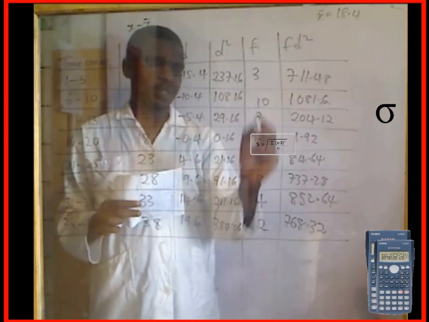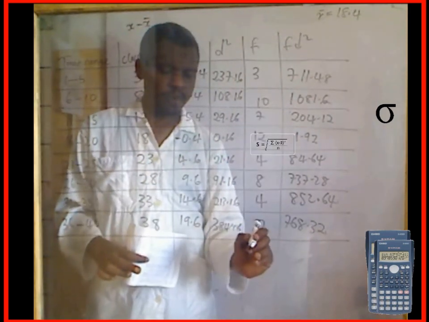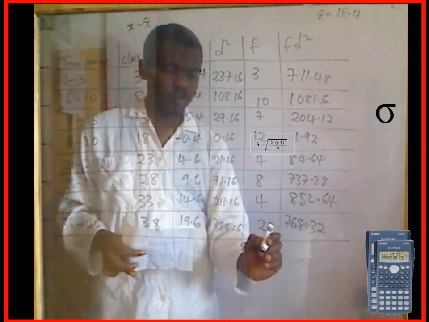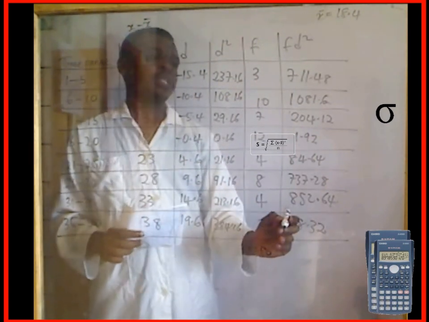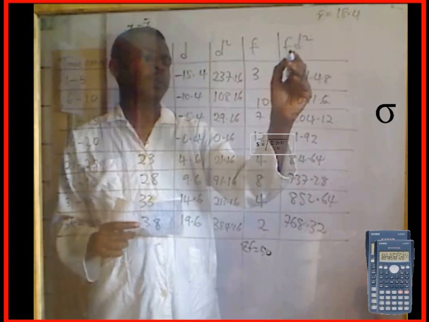I need to get the sum of frequencies. What is the sum of the product between frequency and deviation square?